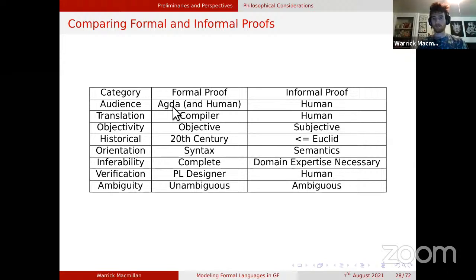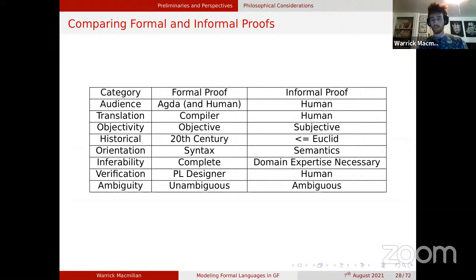Whereas an informal proof is checked by humans. Translation is done by a compiler in the computer case, and by humans otherwise. In the formal case, in some sense, you have an objective object, because you have some program on some computer in memory that you could take some kind of state of. Versus the informal proof, which is a subjective notion.